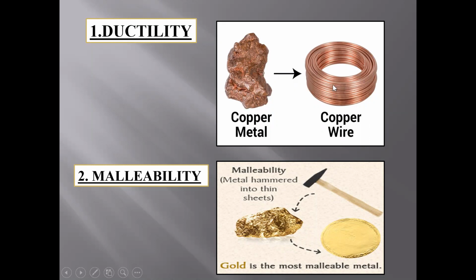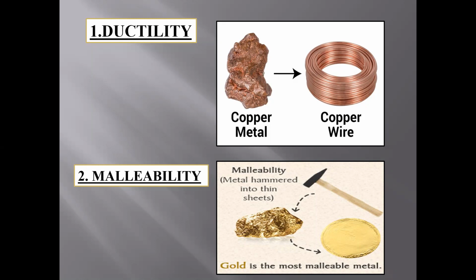Even in your home electric circuit you will see that the wires inside are made of copper, and above the copper wire a plastic covering is there, so that the entire circuit becomes non-conducting. Suppose you touch the wire with your hand, you will not catch electricity. Why? Because they are made of copper, but they are coated with a plastic covering. So ductility means they can be drawn into wire.